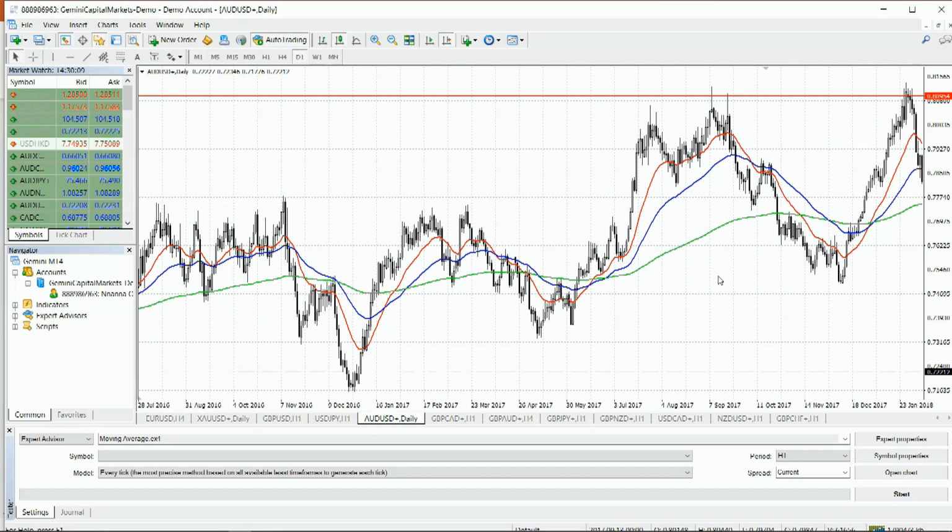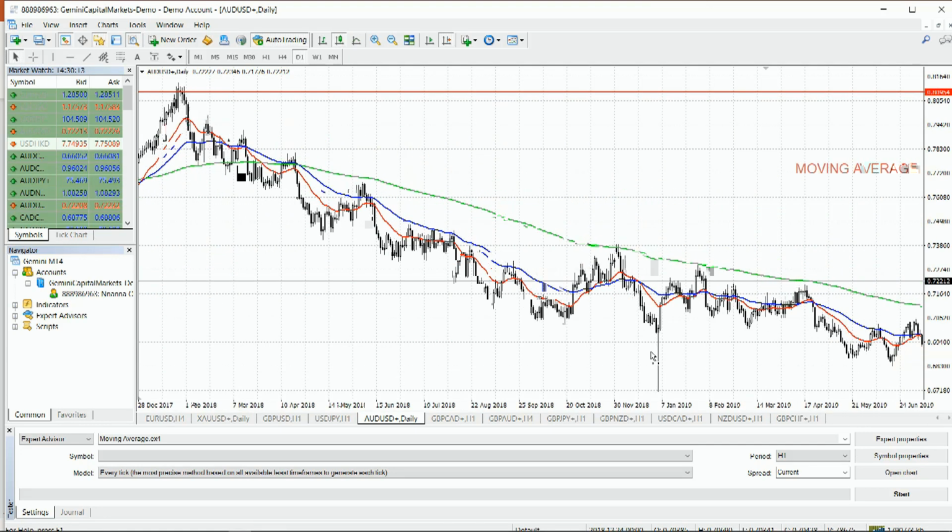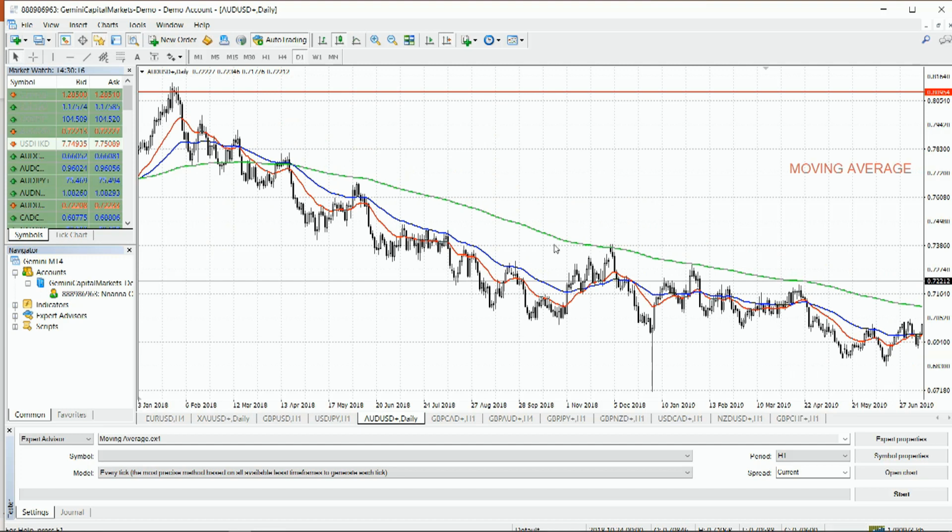Another way you can trade the moving average is if you see price pull back to the moving average and test the 200 EMA at an area of resistance or support, that might offer a good trading opportunity. So you see the market pull back and then test this moving average, the 200 EMA.